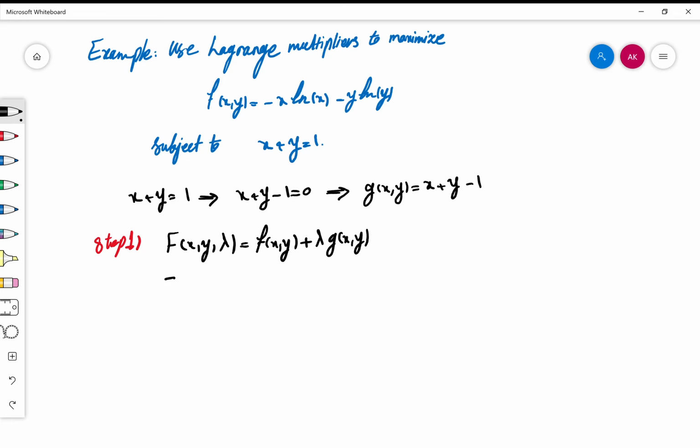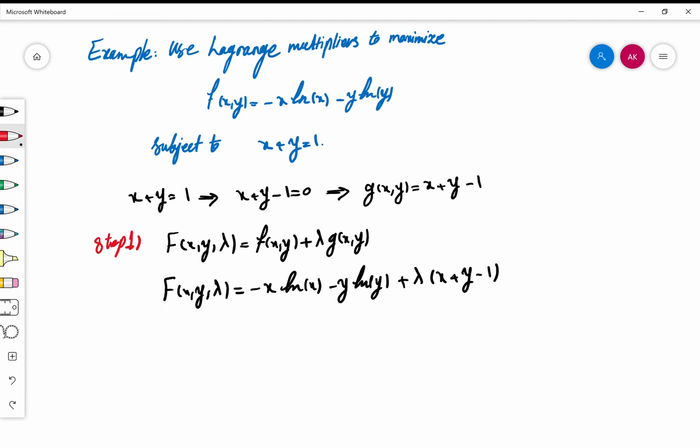In this case, it means that our function, the capital F or Lagrange function, is minus x ln x minus y ln y plus lambda times (x plus y minus 1).